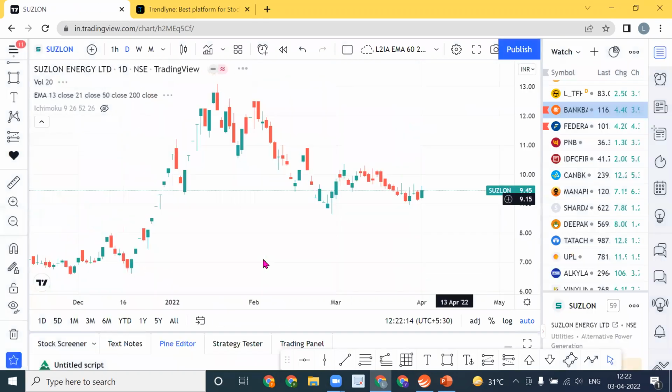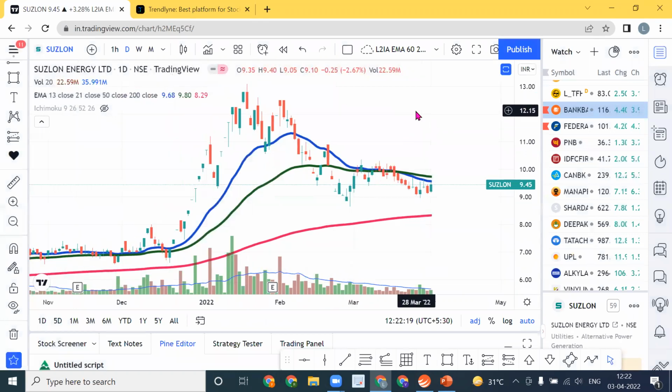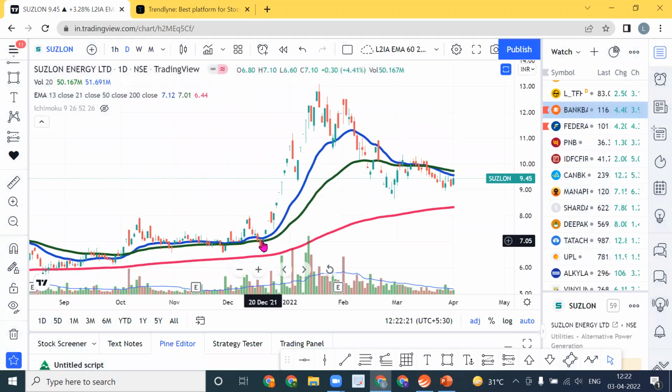I take this stock. Okay. So from 7 rupees, it has gone to 12 rupees and has come back to 9. Some people in some groups were saying, should we buy Suzlon? I was surprised when people asked this question. See this stock? I'm using the Gann box.